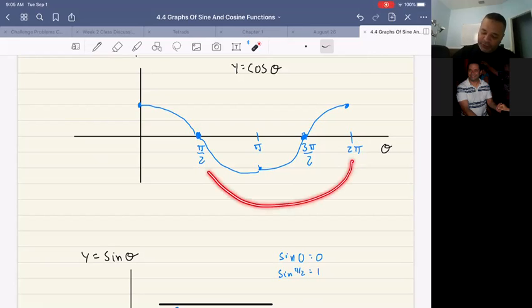Divide that by 4 is pi over 2. Times pi over 2 by 2 is pi. And now instead of going pi plus pi over 2, I'm actually thinking of pi over 2 times 3. So 2 of them is 2 pi over 2, 3 pi over 2, 4 pi over 2.